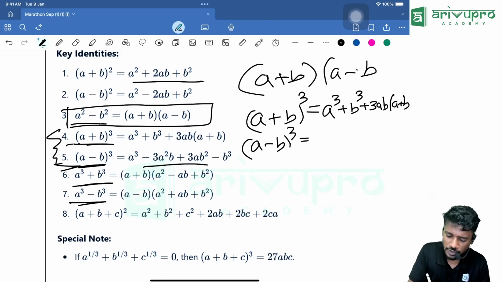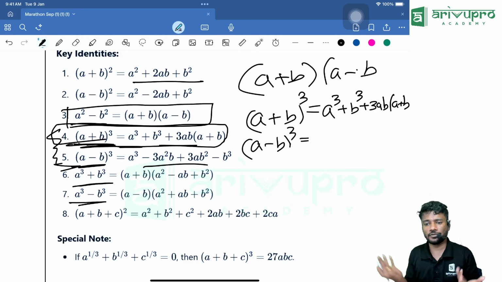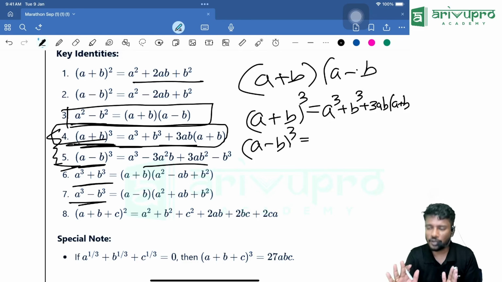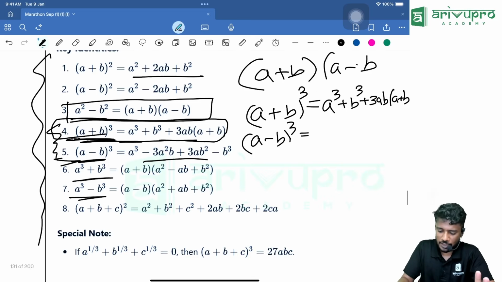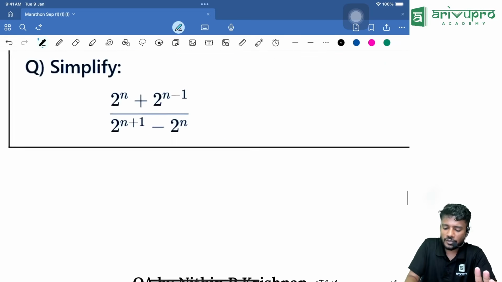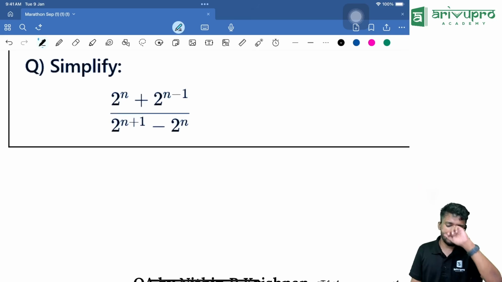But this one is very important. We will be using it in the next chapter. Now, you need to know the formula. It can be useful. Who knows what type of question they are going to ask. So, keep a note of the formulas. If you know it from fourth standard, it is well and good. Otherwise, it is troubling. Now, simplify the value of this.